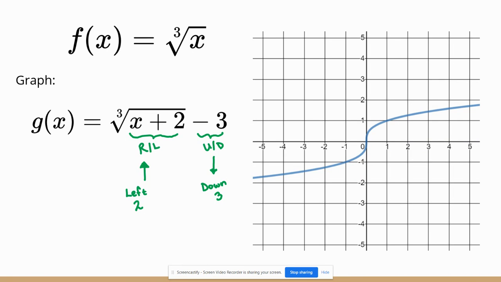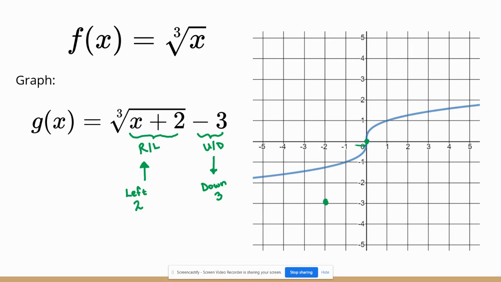The way I graph that, for this particular function, the really important point is (0, 0), so I'm going to follow that point. I'm going to take that point (0, 0), and I'm going to go left 2, and then I'm going to go down 3, and there's my new point for (0, 0). So (0, 0) went here.